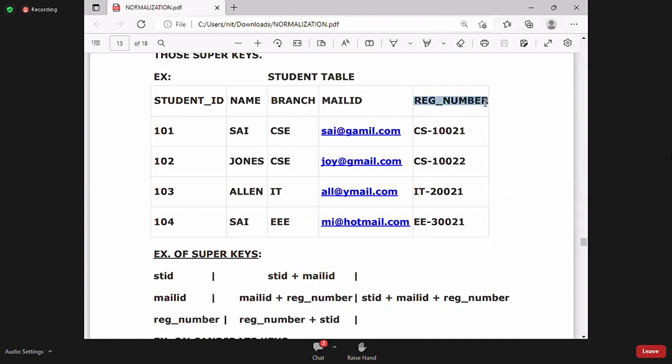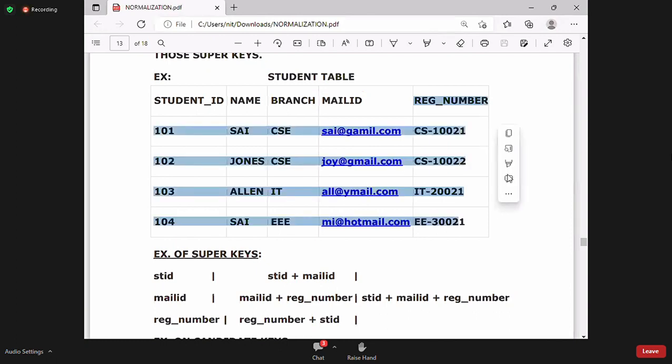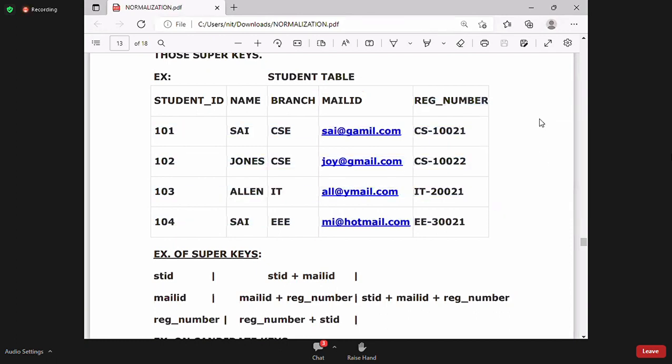Come to the next one. Registration number. Can you see each and every student's registration number is unique or same? Unique, because your registration number does not match your friend's registration number. Every student's registration number is unique.